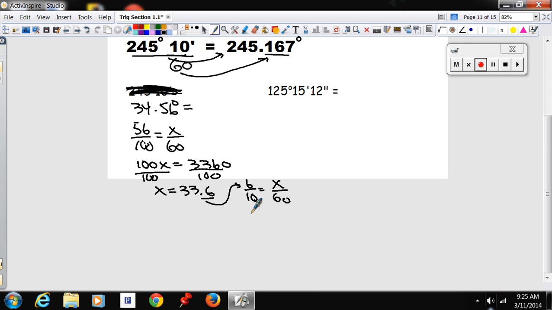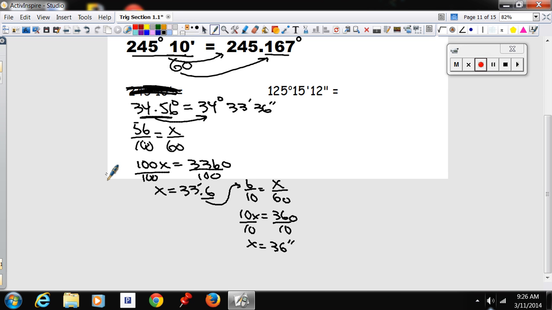So let's do 10x equals 360, divide by 10, and x is going to be 36 seconds. So I've got 34 degrees, 33 minutes, and 36 seconds, which is the same thing as this right here.